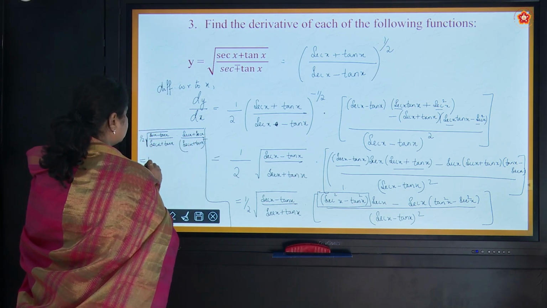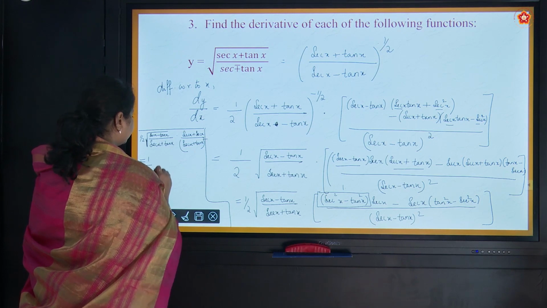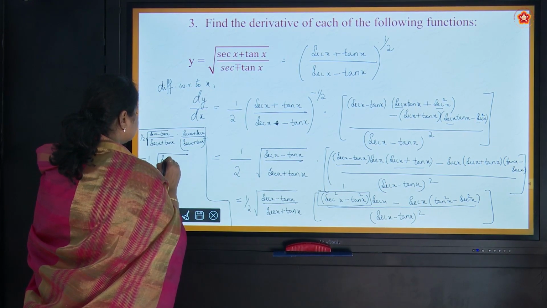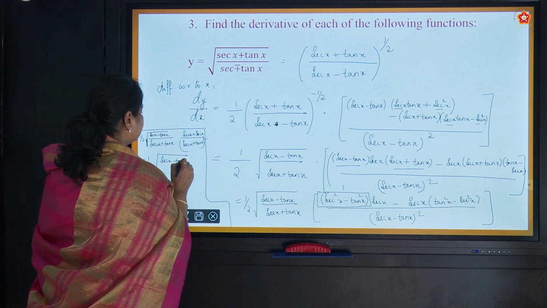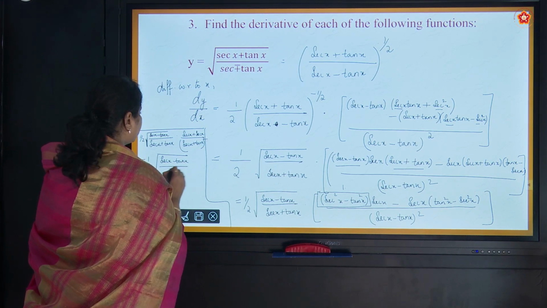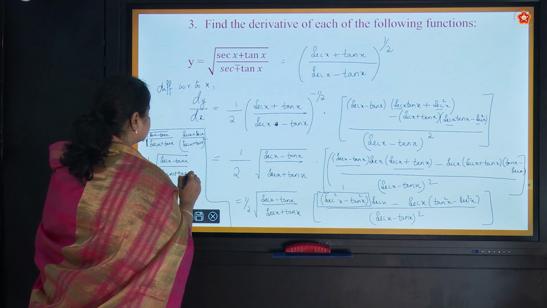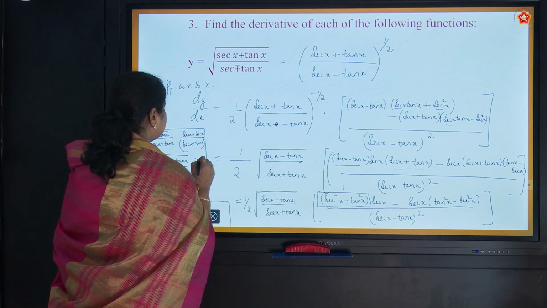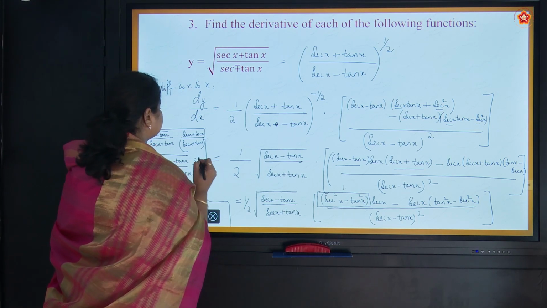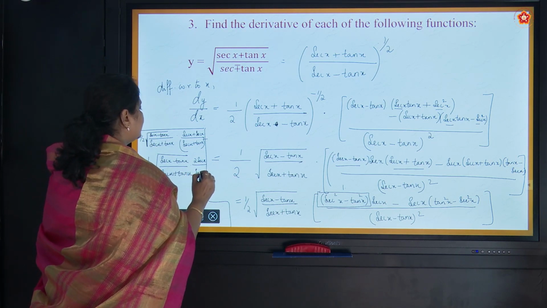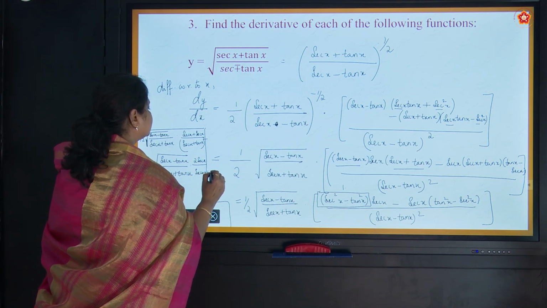So this is equal to 1 by 2 root of secant x minus tan x by secant x plus tan x into 2 secant x, because secant x plus secant x gives you 2 secant x, by secant x plus tan x the whole square.